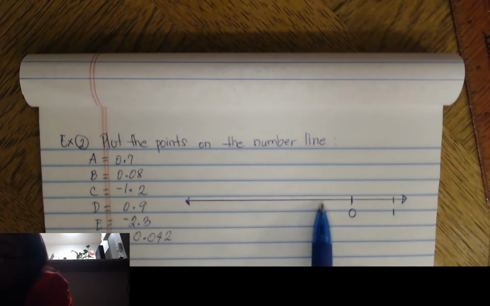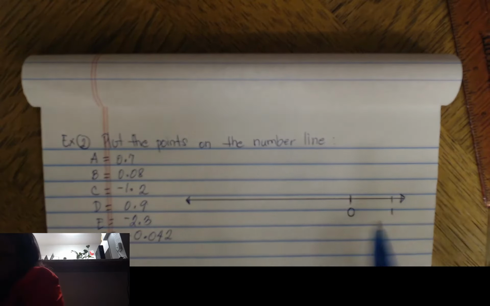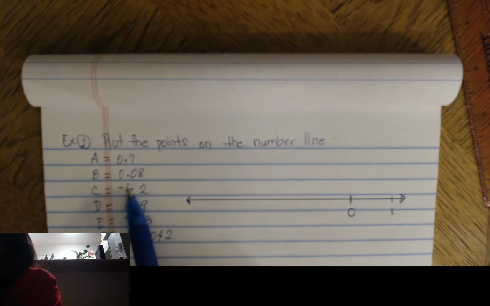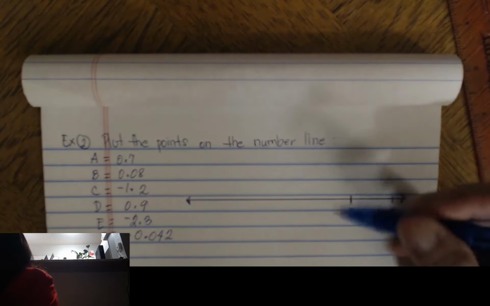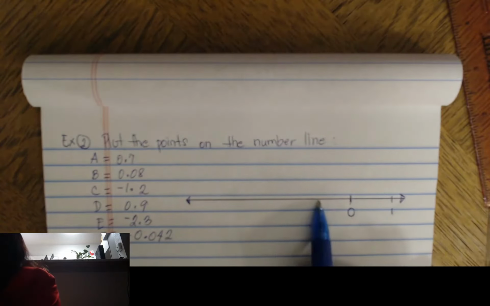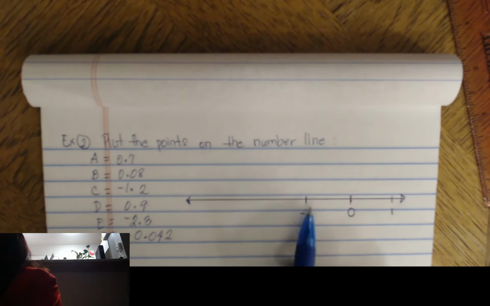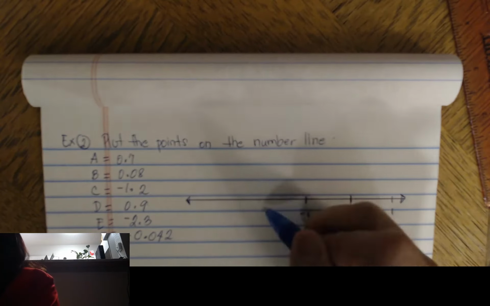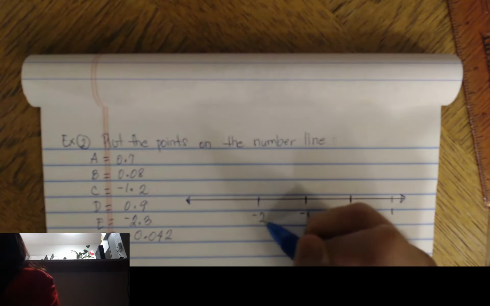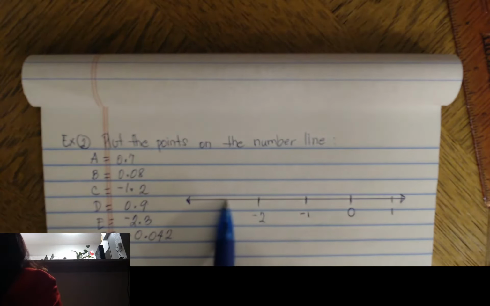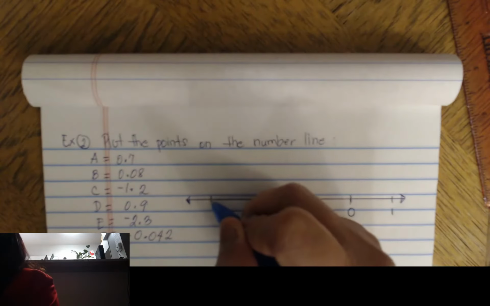And then for my negative numbers, I have negative 1 as a whole number, I have negative 2 as a whole number. So that means I'm gonna have here as my negative 1, and then I'm gonna have here as my negative 2. Well, this is 2.3, so that means I'm gonna have a negative 3.